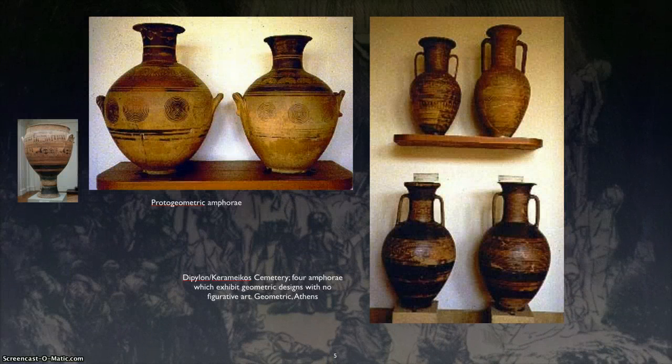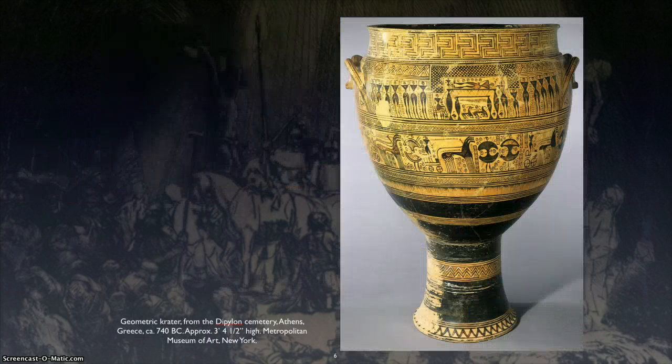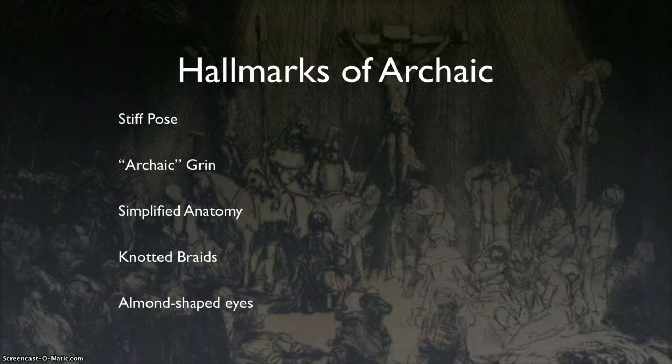They're like this, where they're using geometric shapes and not really a whole lot of developed imagery of people. Although later we do see some like this that's very simplified representations of people and horses, but it's all done with very geometric designs. But let's go into archaic.